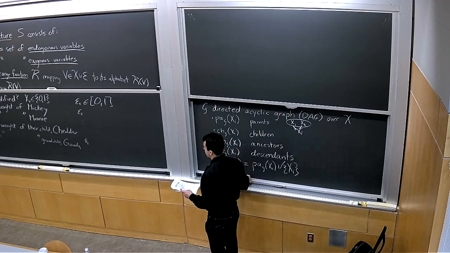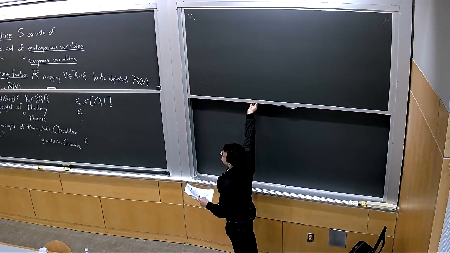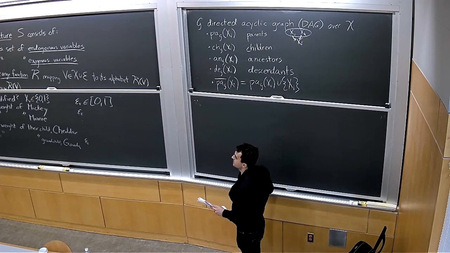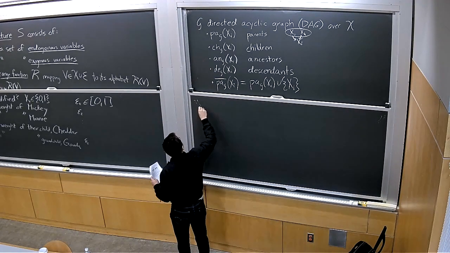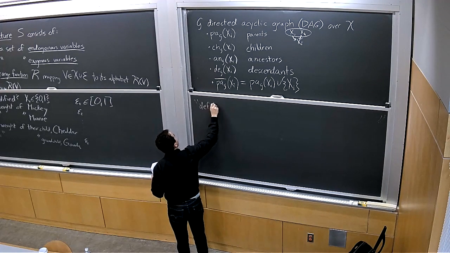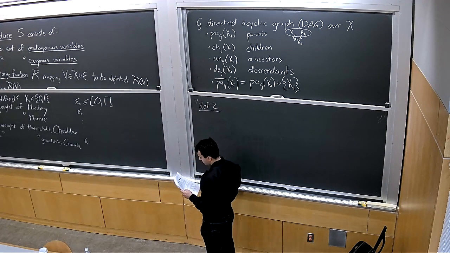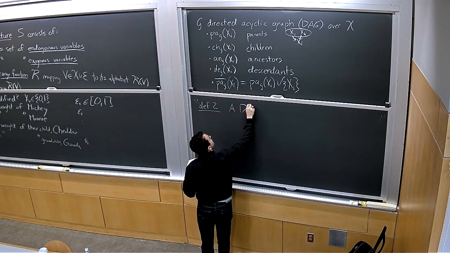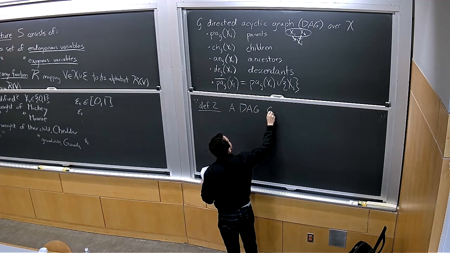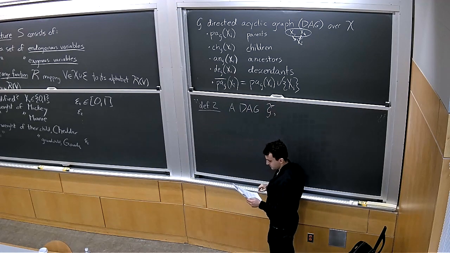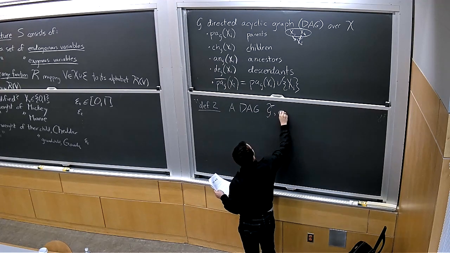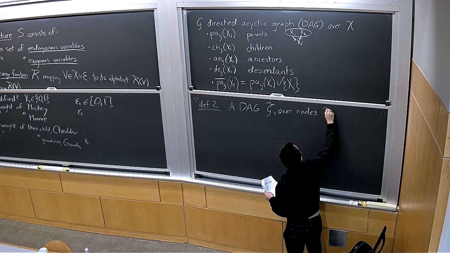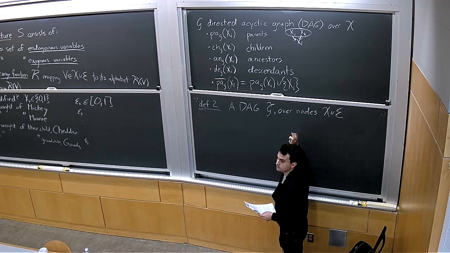So using this terminology, we can define a specific type of graph that's going to go along with this signature to tell us how the variables are related to one another. So we'll call this a DAG G tilde over nodes. And it's going to have nodes just corresponding to the variables.